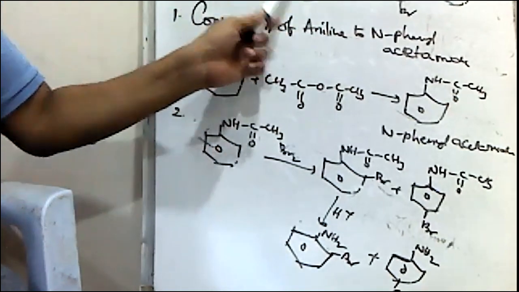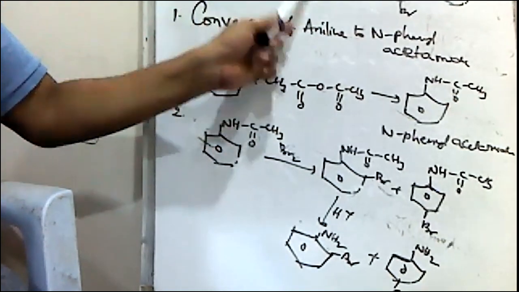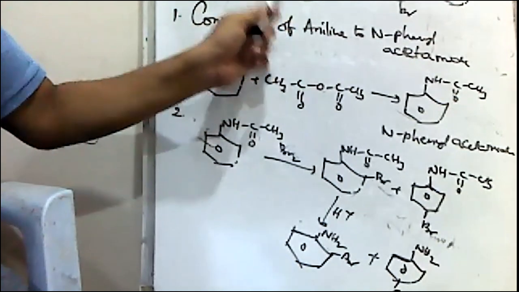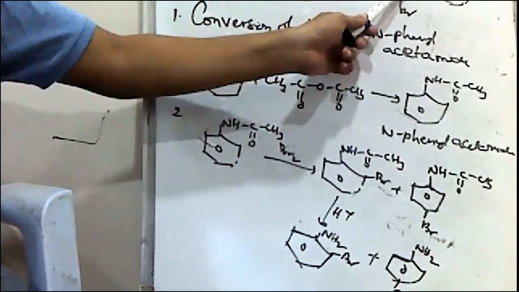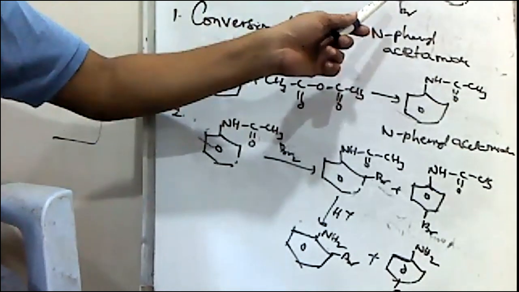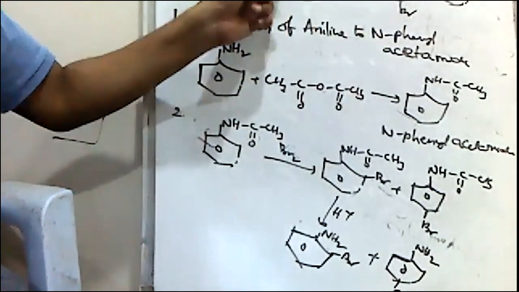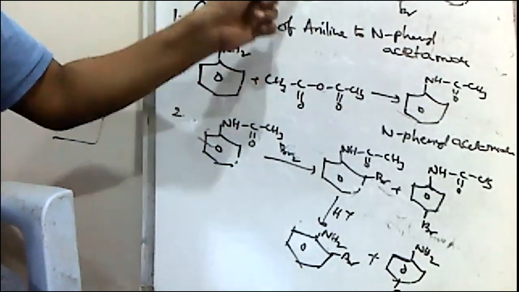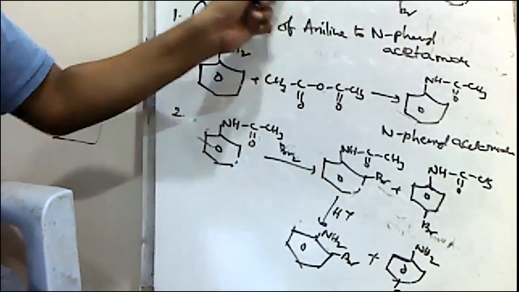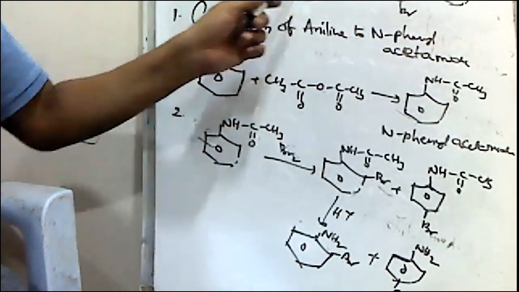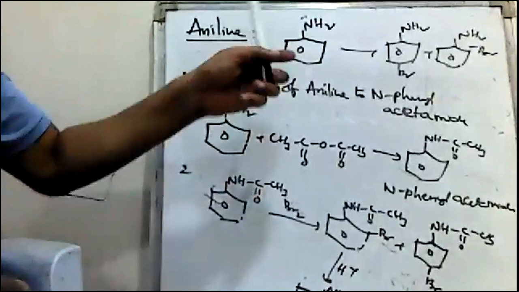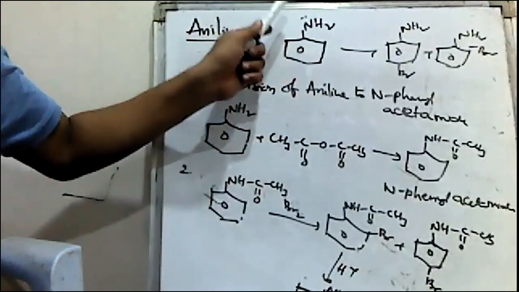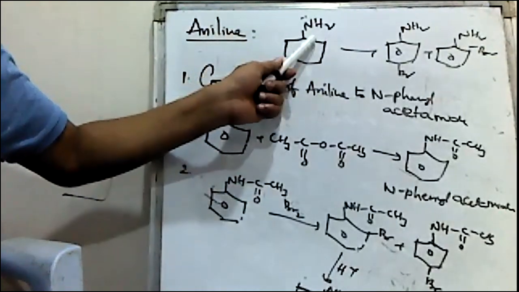As a result, aniline on reaction with bromine water forms 2,4,6-tribromoaniline. To get a monobromo product, it is necessary to decrease the ring activating effect of the NH2 group.